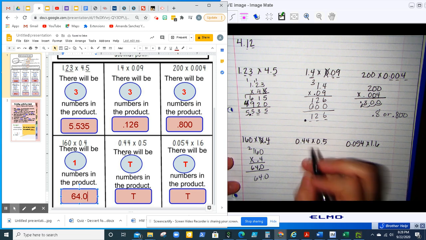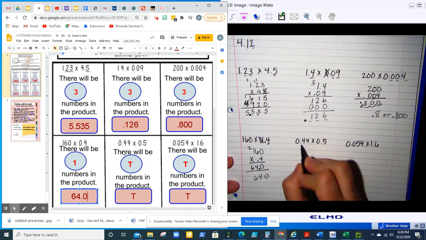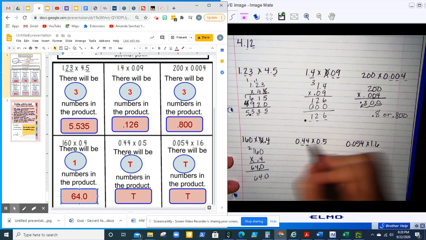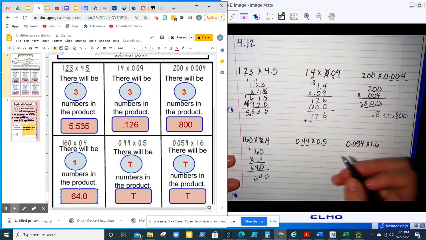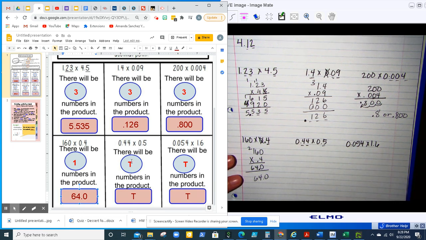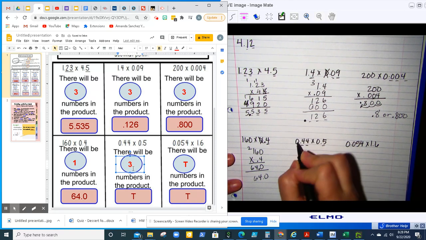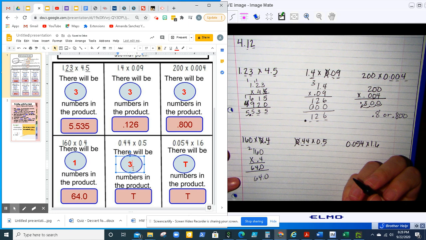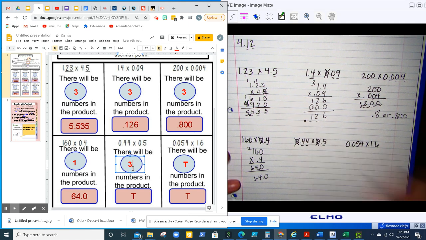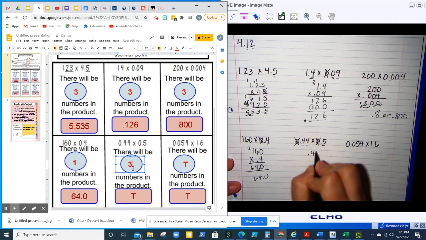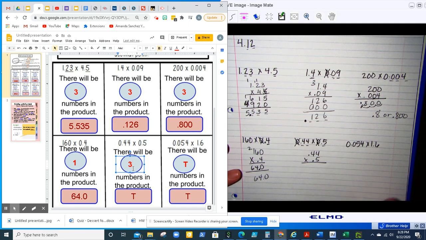Okay, for number 5, we have 2 numbers here behind the decimal and 1 number here. So that means you should have a total of 3 values behind the decimal. So I have a 0. I don't need that 0. It has no value. So 0.44 times 0.5. Then you can multiply.